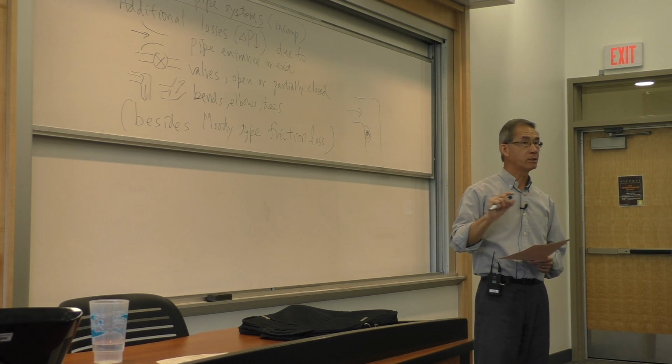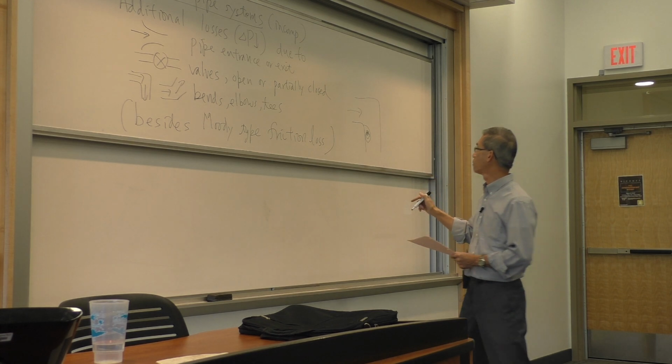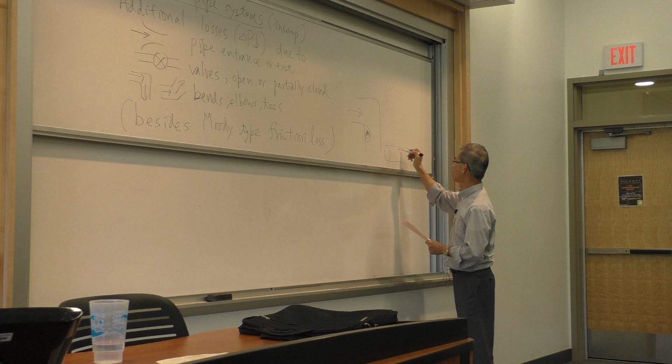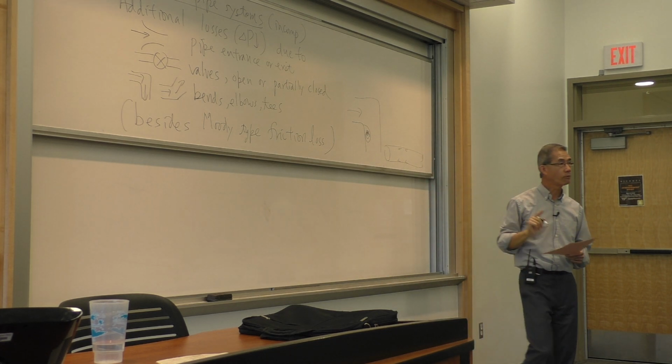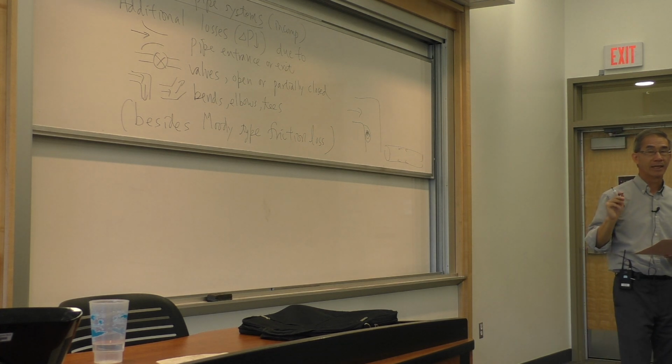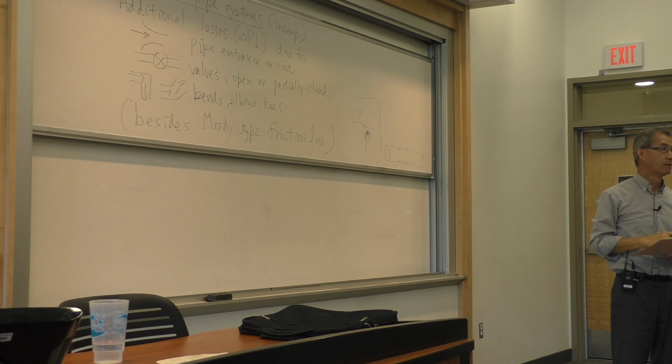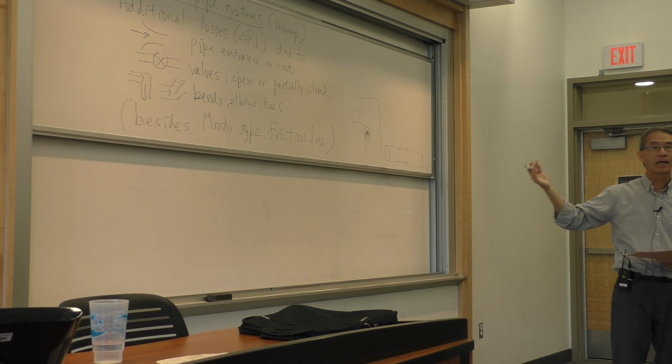But that is purely due to skin friction on the inside wall of a straight pipe, resisting the flow due to the boundary layer. That's all we are doing with the Moody diagram. Anything beyond that, like those devices, is not purely due to shear losses. We call it other losses.